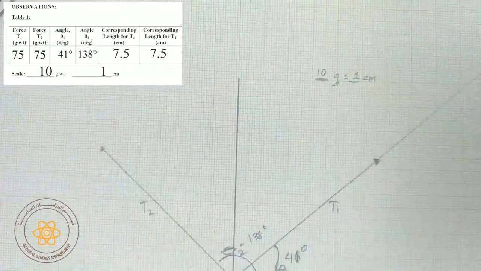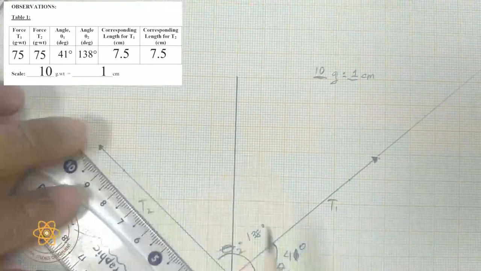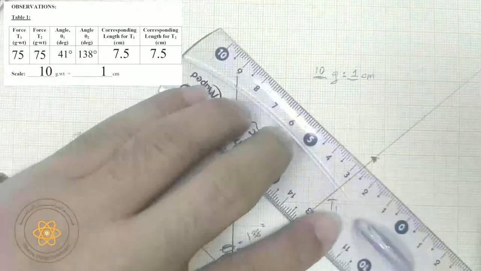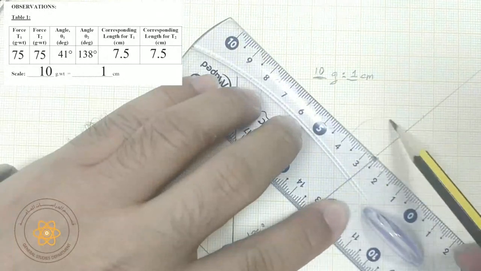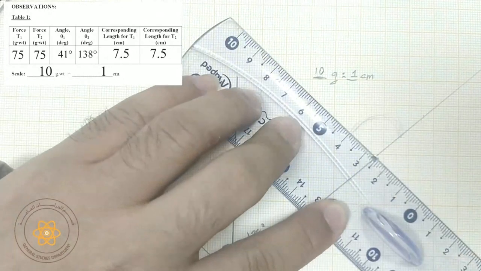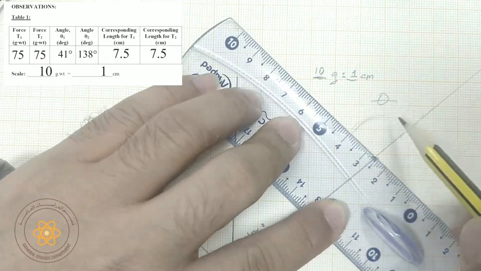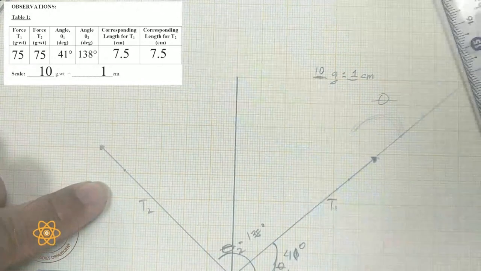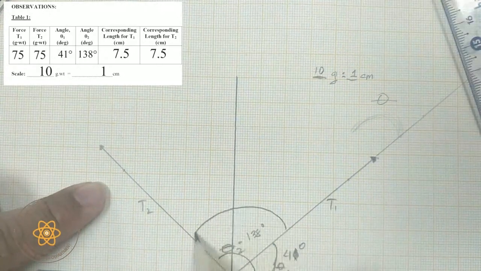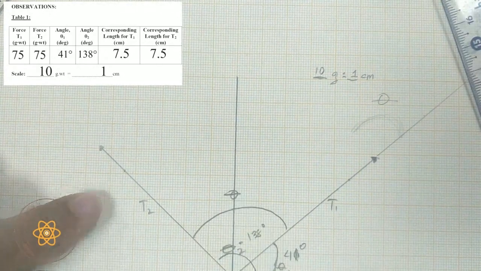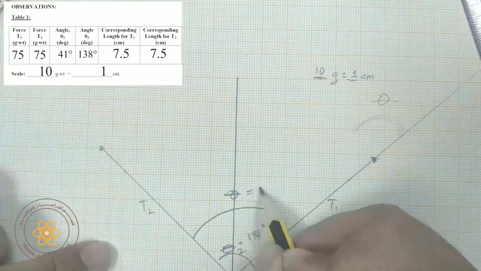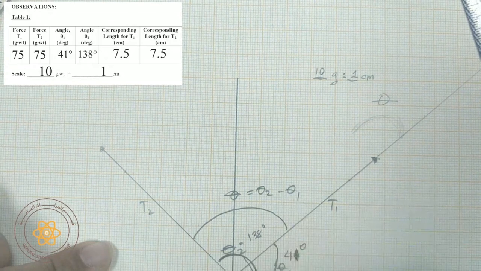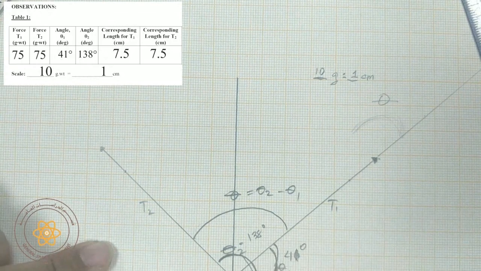Once you've extended that line, if you take T2 and slide it while keeping the same angle, it forms an angle with T1 right over here, right? That angle is known as theta, and it's existing in the graph that we started in the beginning. It's the same angle as this, theta. Mathematically speaking, you can find it as theta 2, which is this angle, minus theta 1, which is this angle over here.